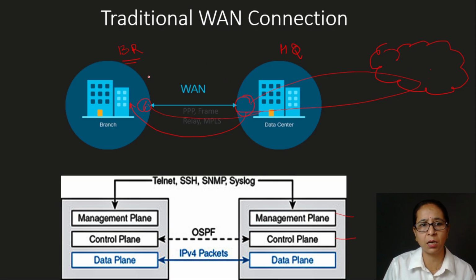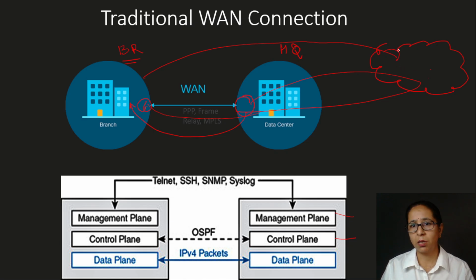Suppose there is a direct internet connection and the cloud is available on the internet, they could approach the cloud directly, but for security reasons they need to pass through the headquarter. So there will be high latency, the user experience will not be good, and there will be additional cost to the company, because traffic needs to be forwarded to the headquarter and then to the branch office.